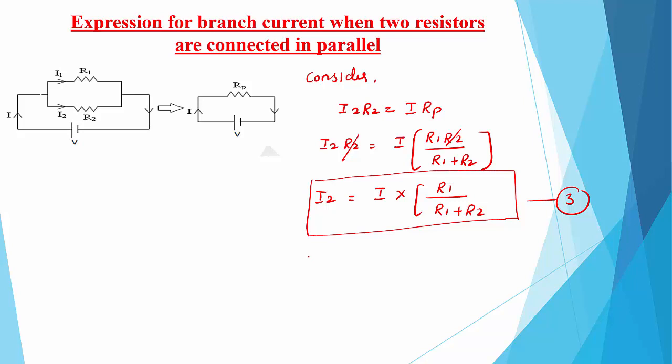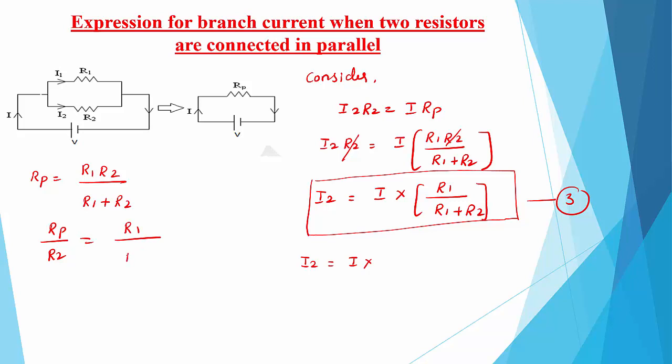Or this equation can also be written as I2 equal to I into, here what we can write? R1 by R1 plus R2. See here the expression for Rp is R1 R2 divided by R1 plus R2. Here I want only R1 by R1 plus R2, or it can be written as Rp divided by R2, we can take R2 on LHS side, it will go to denominator.